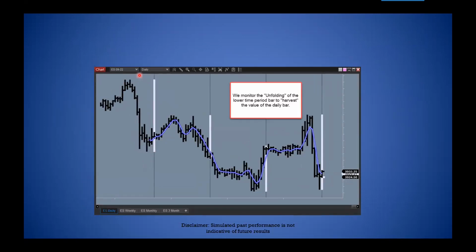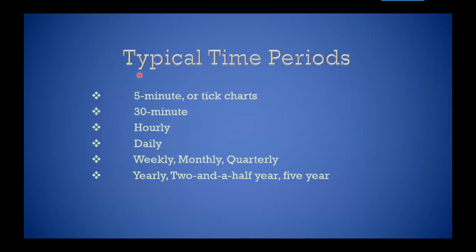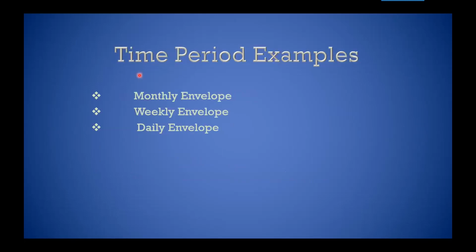We monitor the unfolding of that monthly bar as it develops, and we look towards harvesting that. So time period coordinations can be any series. We try and do it in groups of maybe 5, 6 smaller bars inside a higher time period bar.